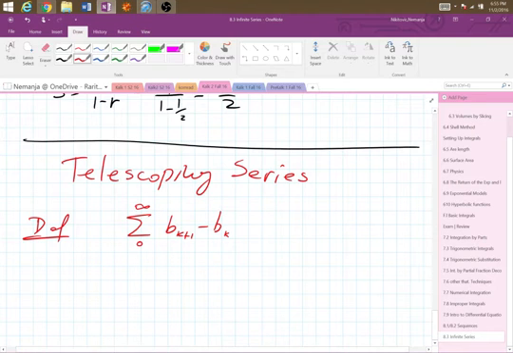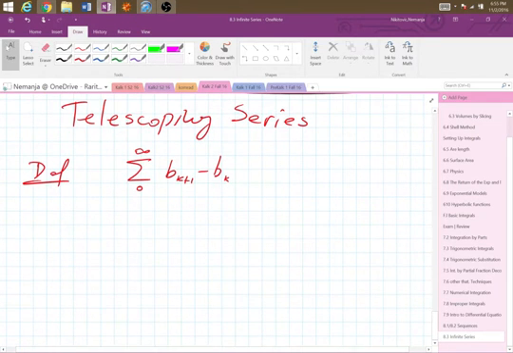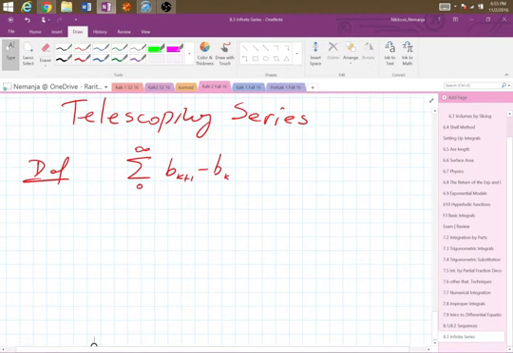I would rather see b sub k minus a sub k, let's say. But it is what it is. Now, what do we do? Well, this is a procedure which you are learning. So let's take a look immediately at the example.